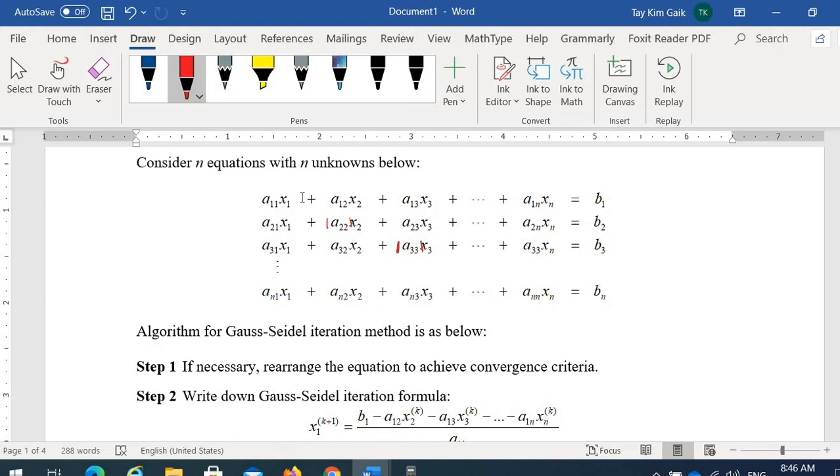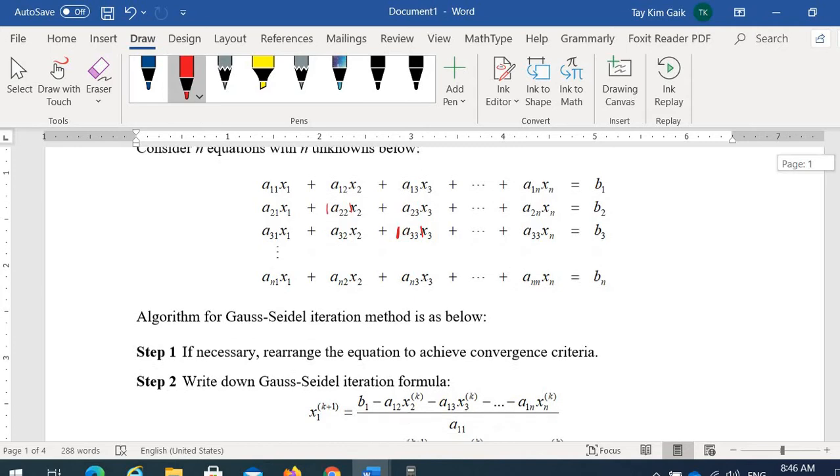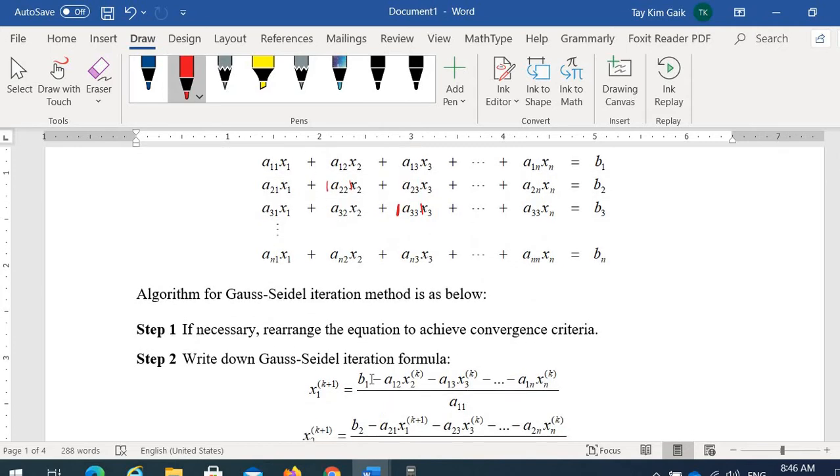So for x1, we make it the subject, and the other variables we bring to the right hand side. So we have b1 minus a12 x2 minus a13 x3 until a1n xn, to solve for x1, divided by a11.